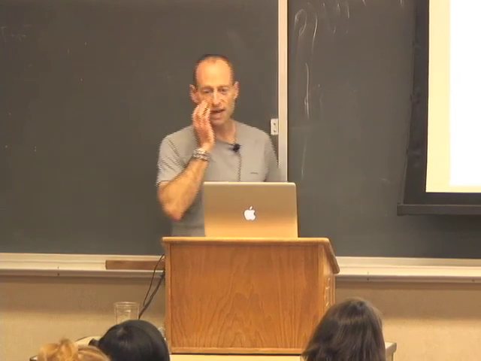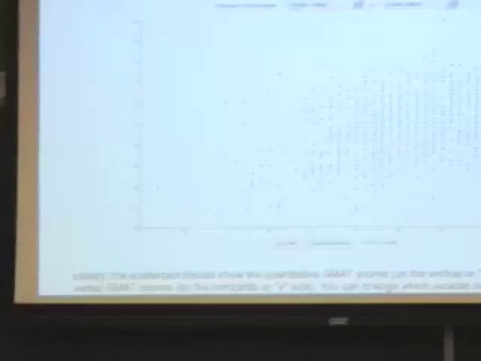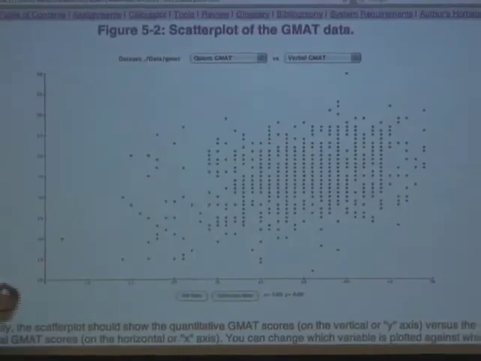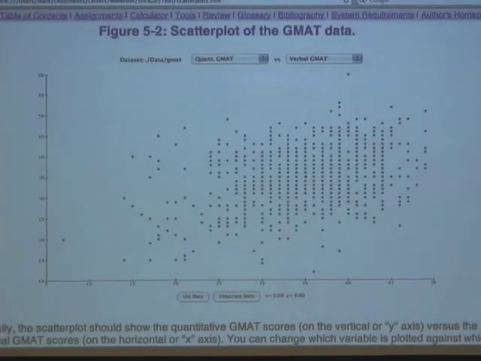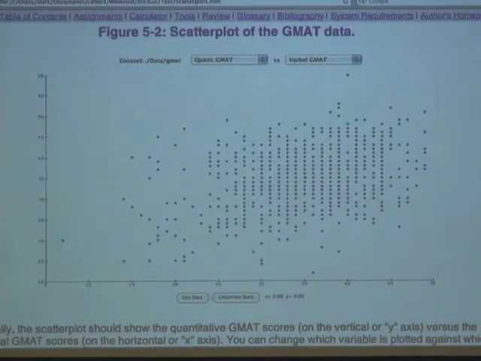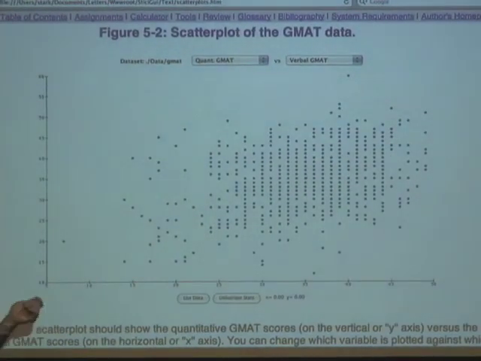Well, so one of the best tools for looking at questions like this is a scatter plot. Each dot on the scatter plot is one of the 913 students. So a dot is an individual. And on one axis, we're plotting one of the variables for those individuals. On the other, we're plotting another variable.